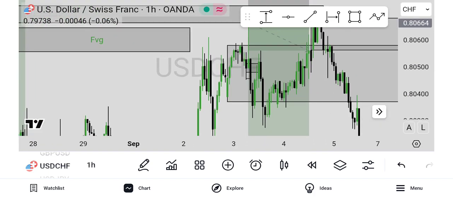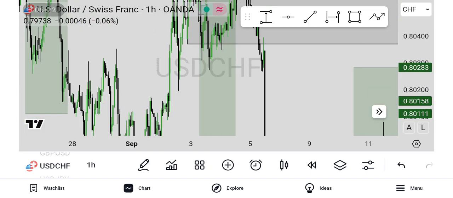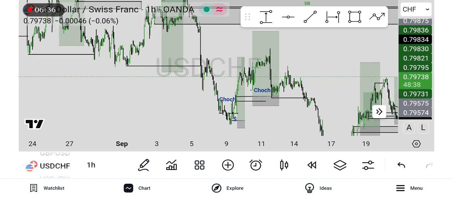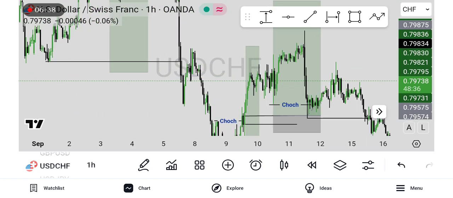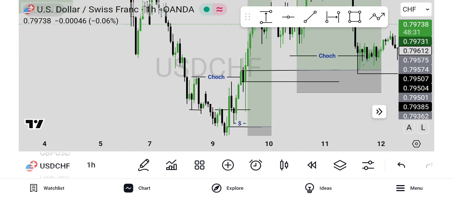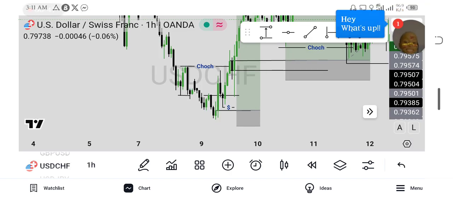So that is that. As you can see on this one, price tapped me in and went straight in my direction. Then on this place, it was a missed entry. I was to enter this trade. As you can see, the three requirements I made, I also followed.